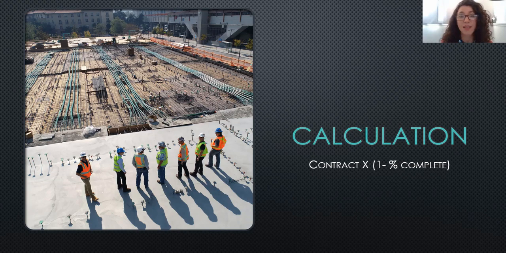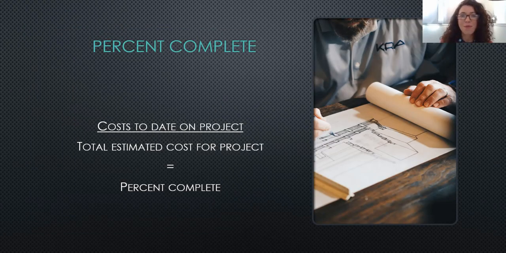Okay, so then you probably have a lot more questions after this. Well, what's percent complete? We have several different videos on YouTube that you can learn more about percent complete, but we're going to break that down right now, and we're going to talk more about percent complete and the WIP schedule and under overbillings and all that fancy stuff, so that you can determine what is backlog. Okay, so what is percent complete? Percent complete is the cost to date divided by your total estimated cost.